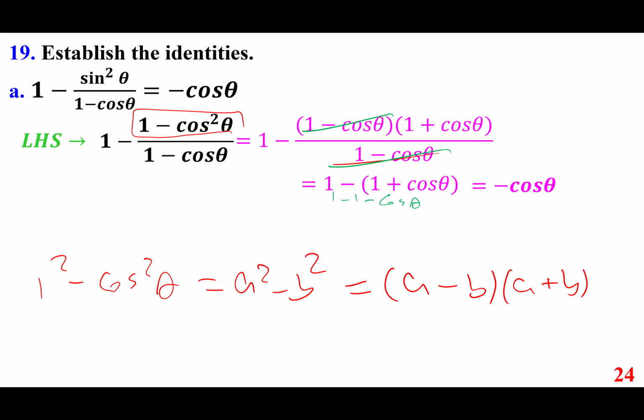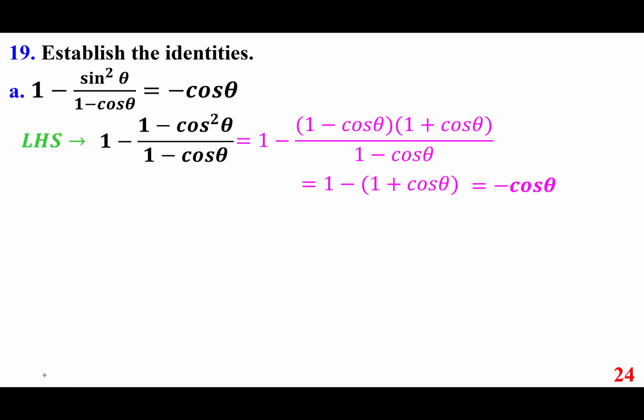You could also use LCD. So right here, take the LCD, which is 1 minus cosine theta, which means this becomes (1 minus cosine theta) over (1 minus cosine theta). So 1 times 1 minus cosine theta is 1 minus cosine theta, minus 1 plus cosine squared.